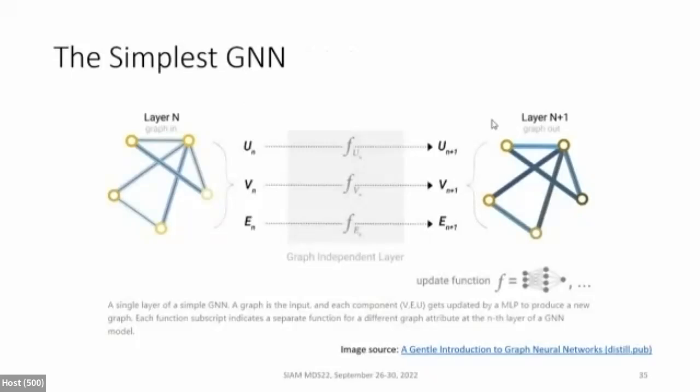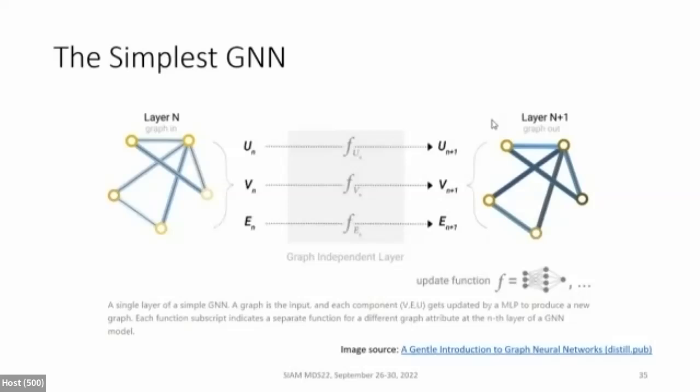The simplest example of a graph neural network includes information about the nodes, the edges, and also about the global context of the graph. Here we are learning new embeddings from all these graph attributes: nodes, edges, and global.